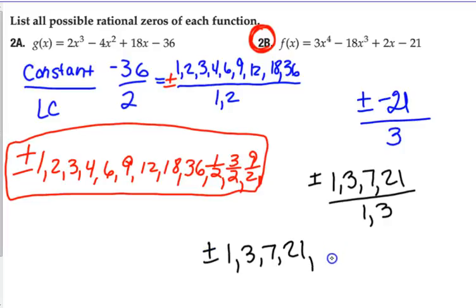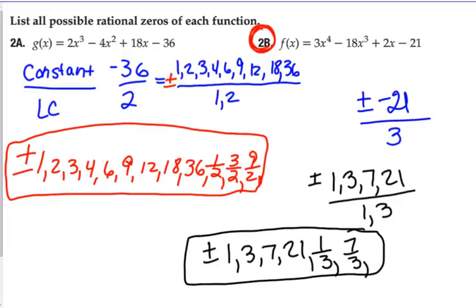So we're up to 8. But what else? You've got to put them all over 3. 1/3. 3 over 3 is already on our list. 7/3. Any more? 21 divided by 3 is 7, which is already on our list. So there are all the possible rational zeros.